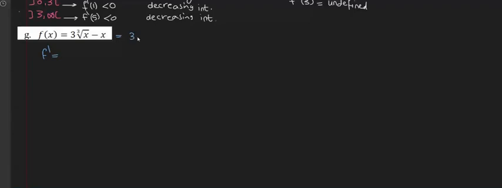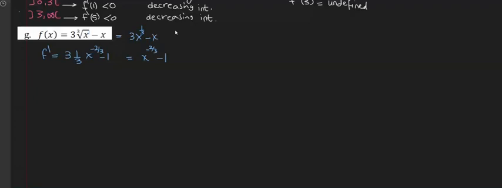Of course, we might rewrite it as x to the power of what? 1 over 3, the power inside over the power outside, minus x. And then we will have as a derivative, the 1 over 3 is going to be dropped, and the new power 1 minus 3 is going to be -2 over 3 minus 1, which means that we have x to the power -2 over 3 minus 1.